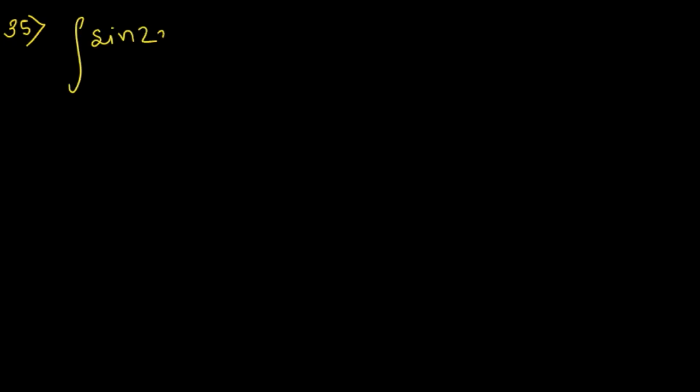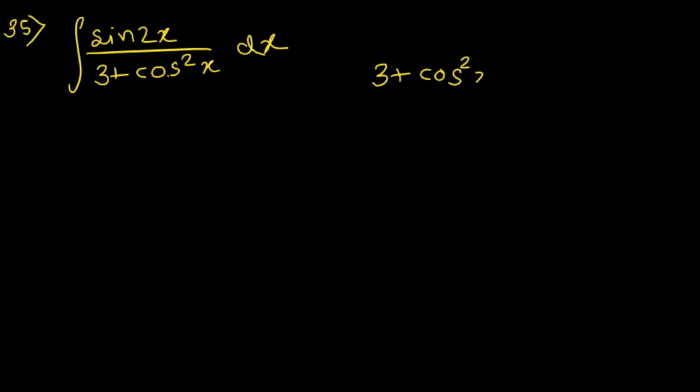Integration of sin 2x by 3 plus cos square x dx. So if we take 3 plus cos square x as v, then minus 2 cos x sin x is equal to dv by dx.